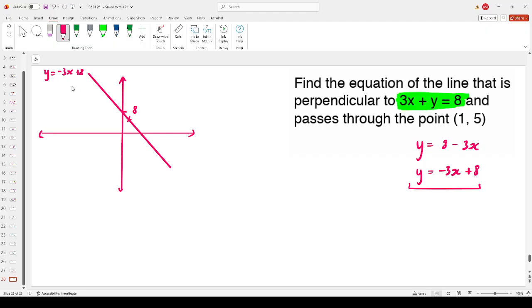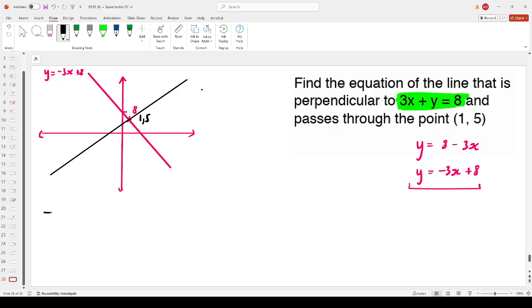So what does my perpendicular line look like? It goes straight through, right? Who agrees that that's perpendicular? It's not fully perpendicular. Let's make it better. There you go. Right, so that's (1, 5).